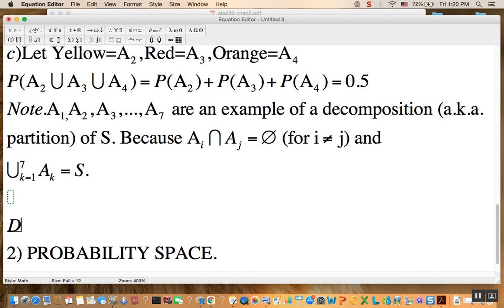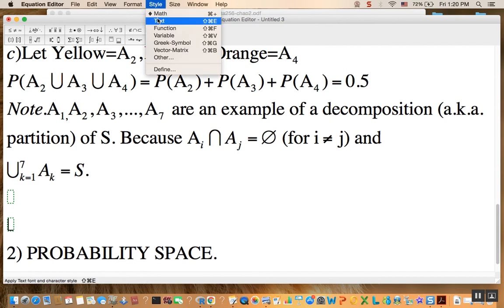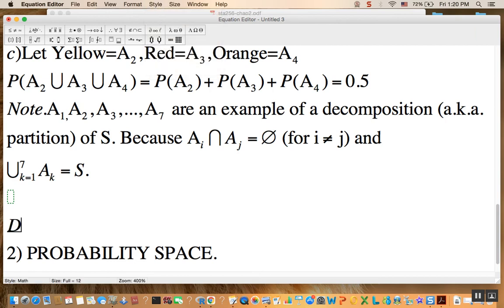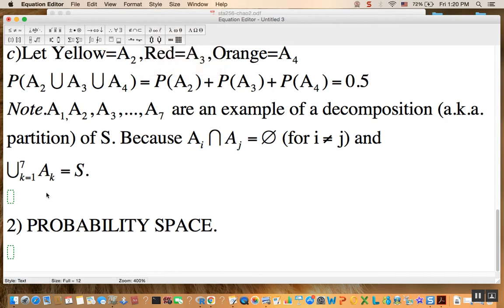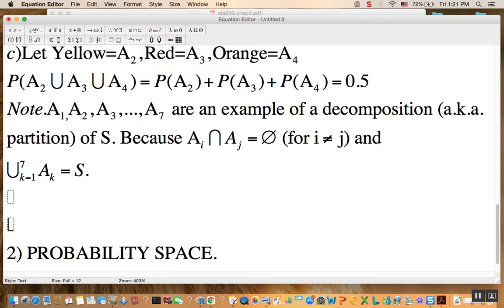Formal definition of probability function.